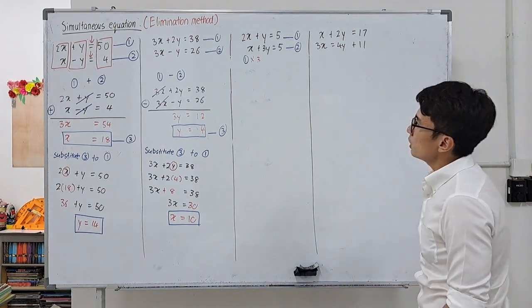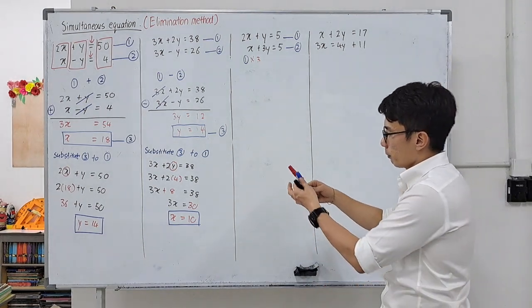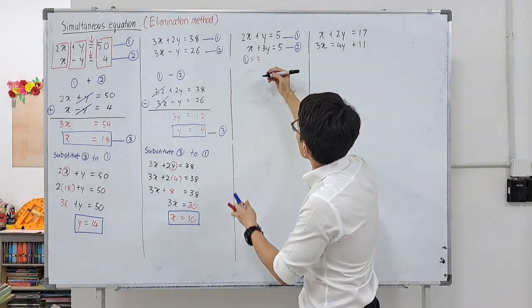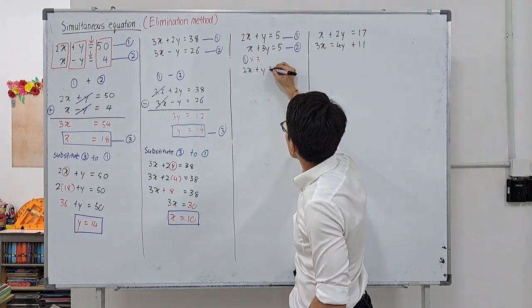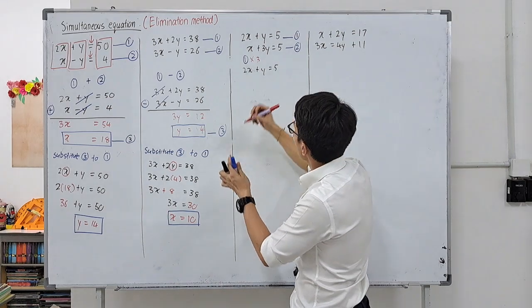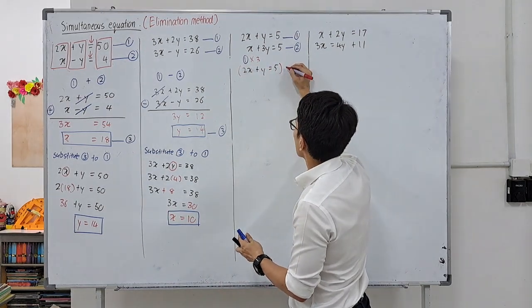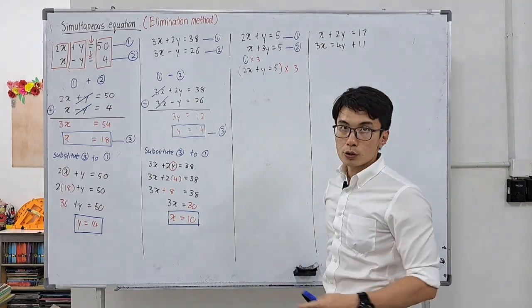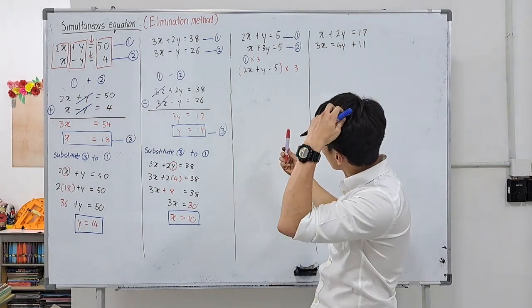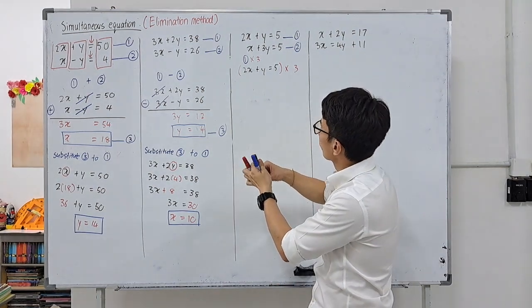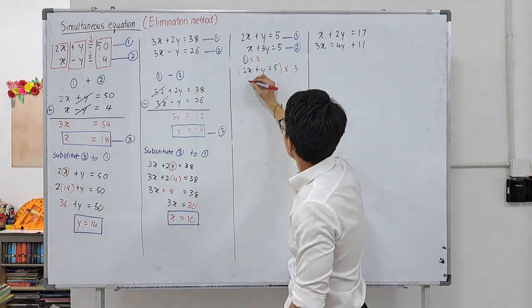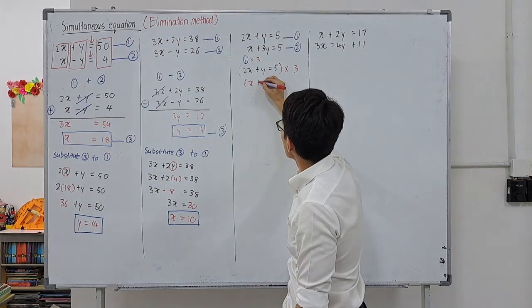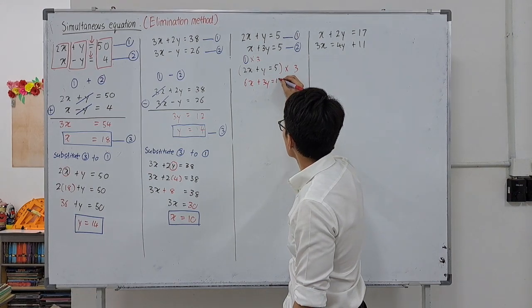Since I take equation 1 to multiply by 3, my equation 1 is basically 2x plus y equals to 5, multiplied by 3. If I multiply everything by 3, what do I get here? I should get 6x plus 3y is equals to 15.